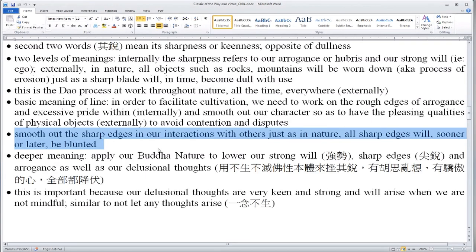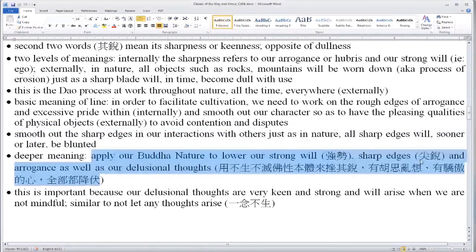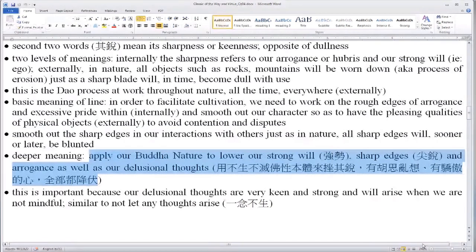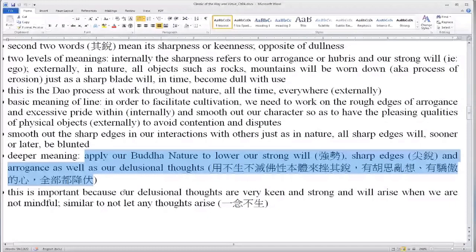such that we should try to smooth out our rough edges, for example, our strong will, 强势, sharp edges, 坚挫, and arrogance, etc. And why is that important?